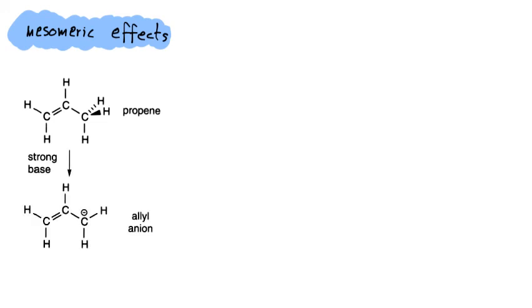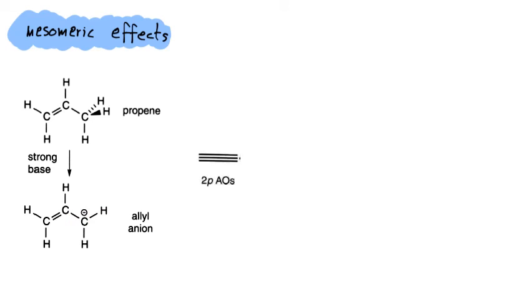However, if you use a very strong base, then you can pull away one of the hydrogens from here, a proton I mean, and that leaves behind the electron from this hydrogen, causing the carbon to become negatively charged, and you get the so-called Allyl Anion. Now the Allyl Anion has a p orbital that's filled with 2 electrons.